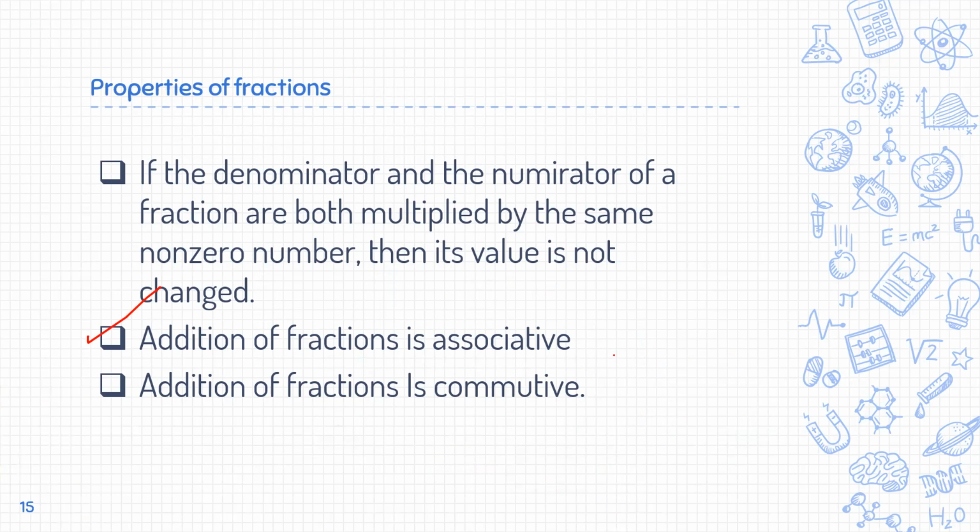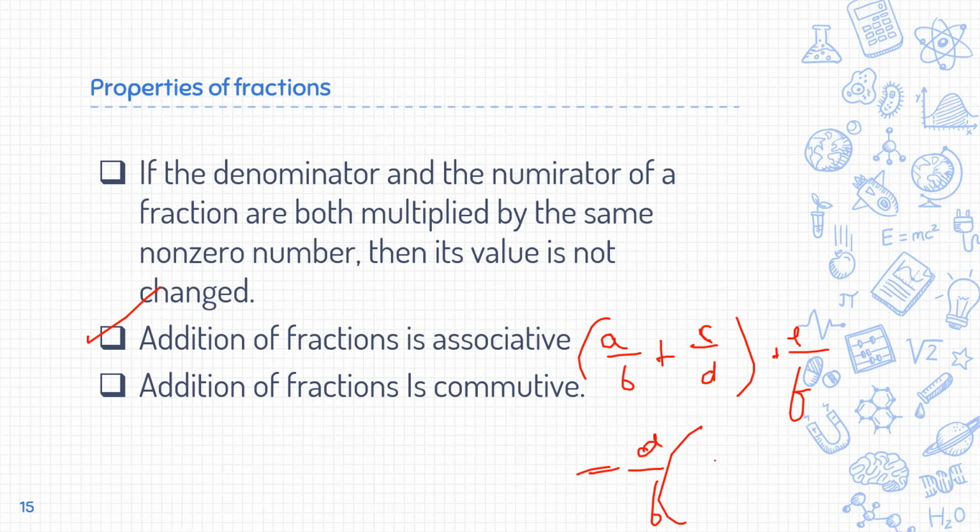It is like this: a upon b plus c upon d plus e upon f is equal to a upon b and c upon d plus e upon f. Okay, and here plus sign will also come.